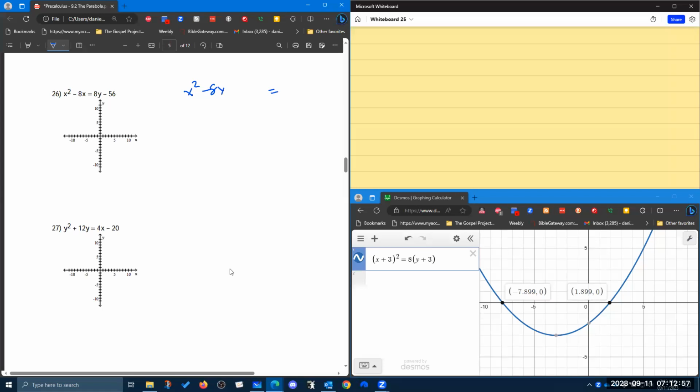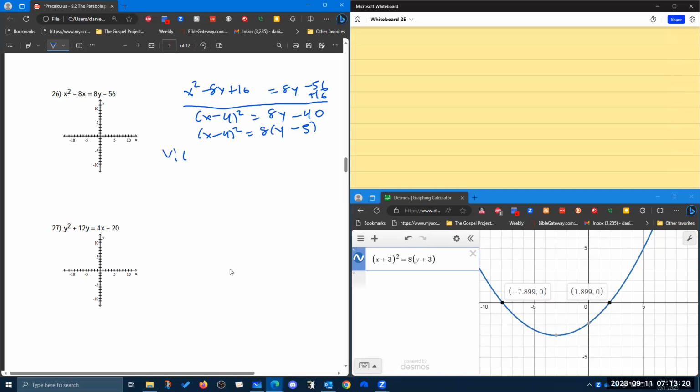For these, half of the middle number squared is going to be 16. So we're going to add 16 to both sides. That makes this (x - 4)² = 8y - 40. (x - 4)² = 8(y - 5).